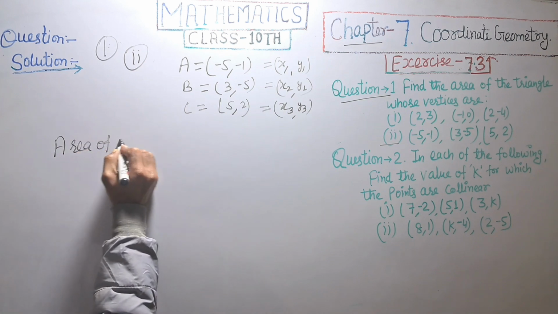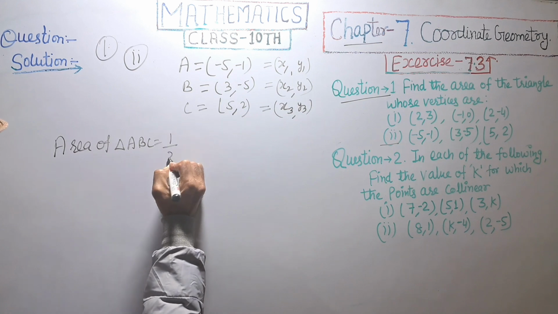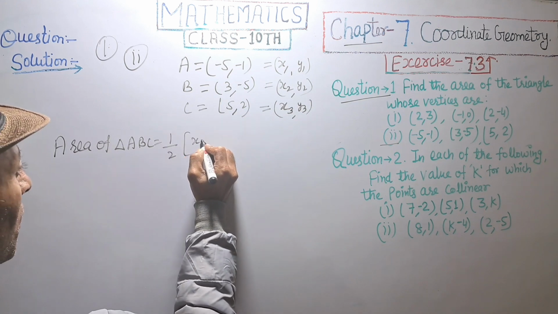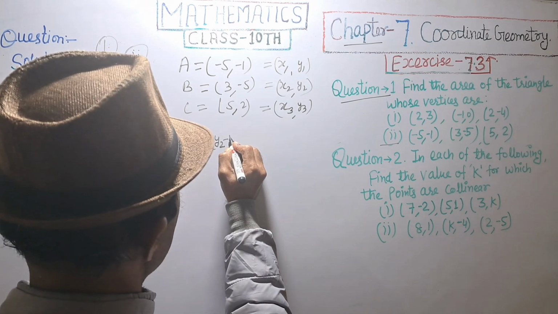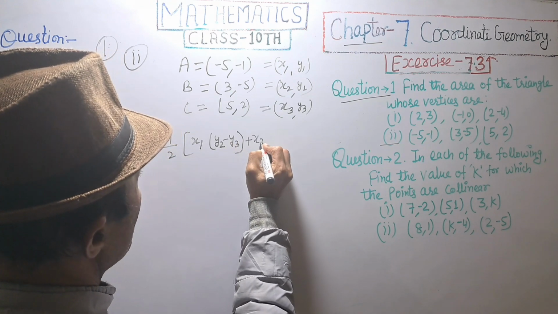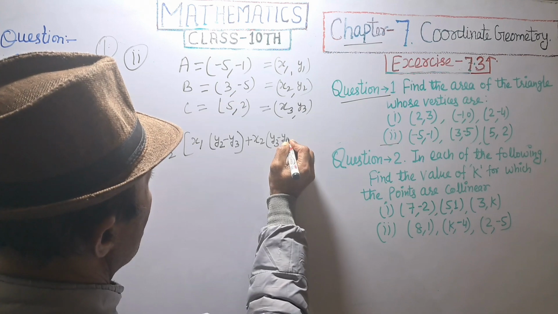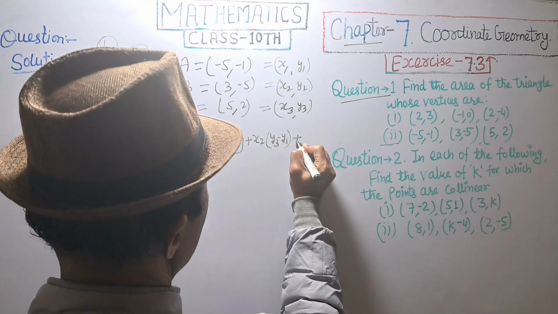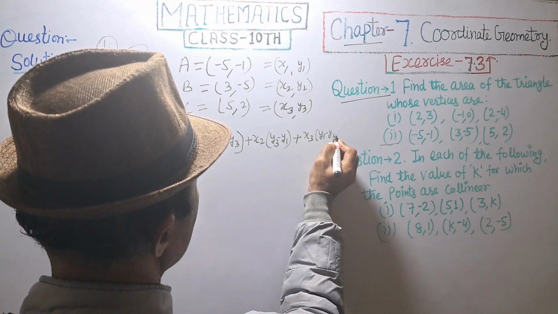Area of triangle ABC is equal to half into x1 (y2 minus y3) plus x2 (y3 minus y1) plus x3 (y1 minus y2).